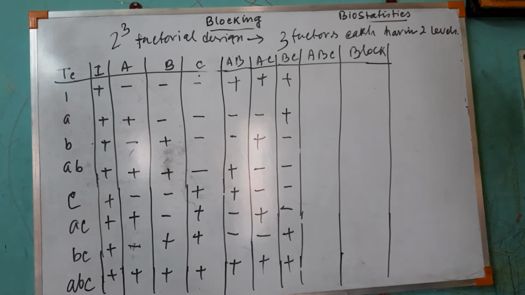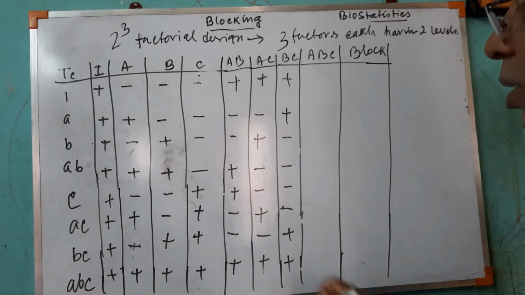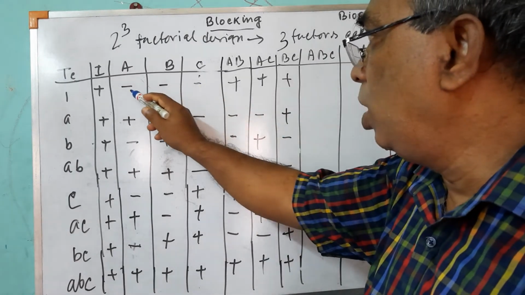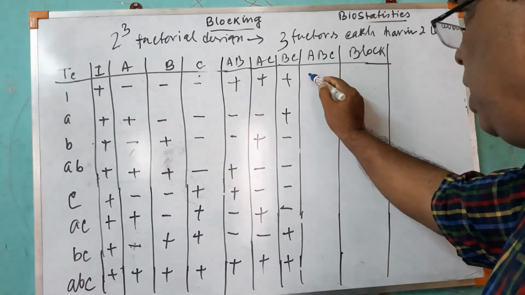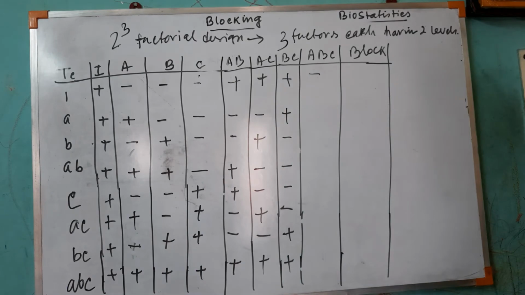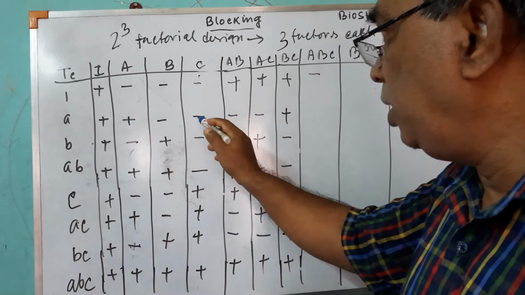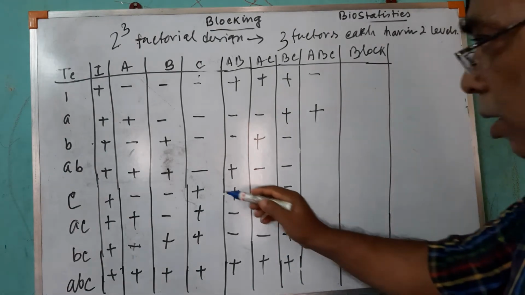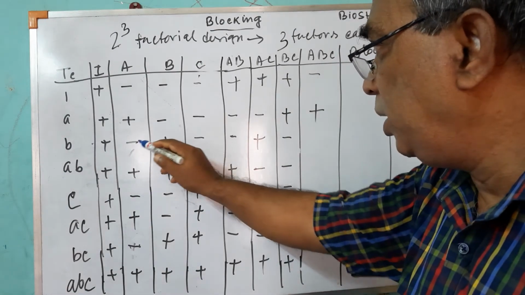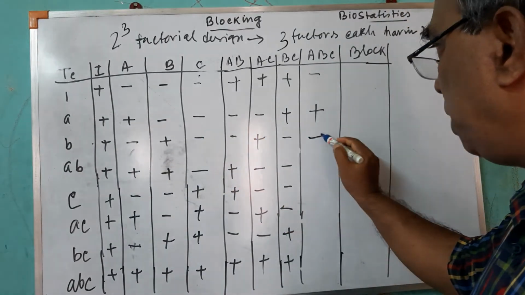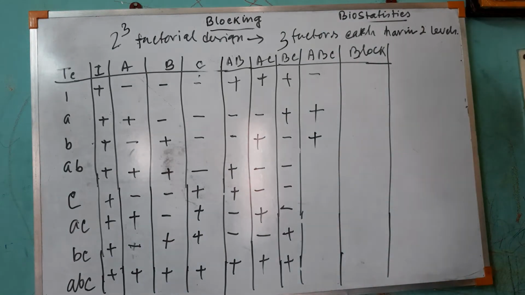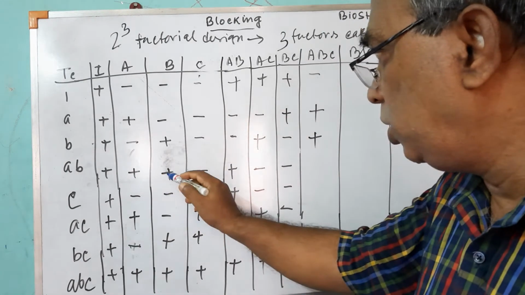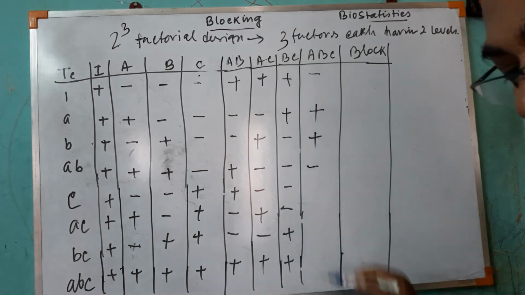Now ABC, that means this into this into this. Minus minus plus, plus minus minus. Then minus minus minus plus, minus minus minus, again plus. Then this into this plus plus minus, then minus.